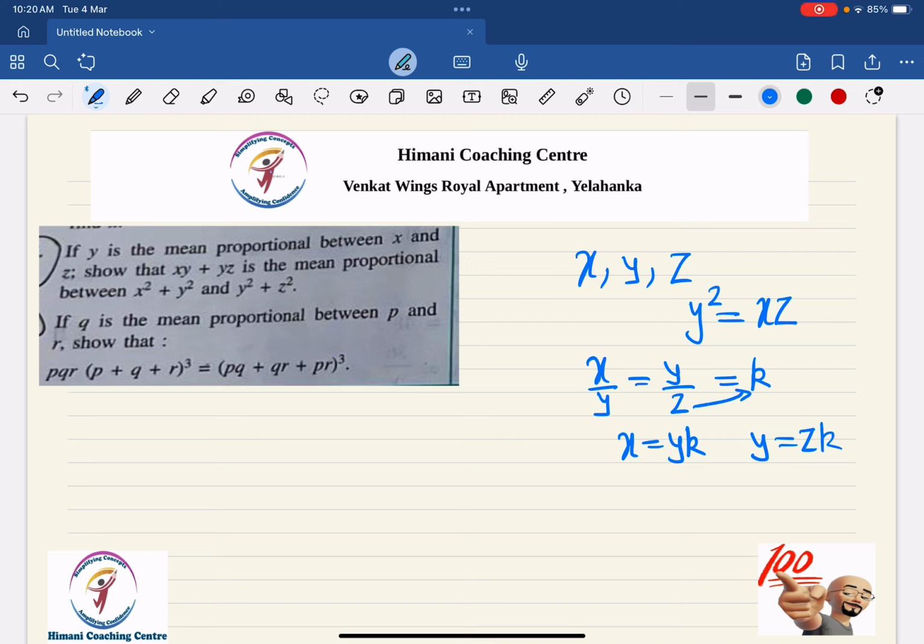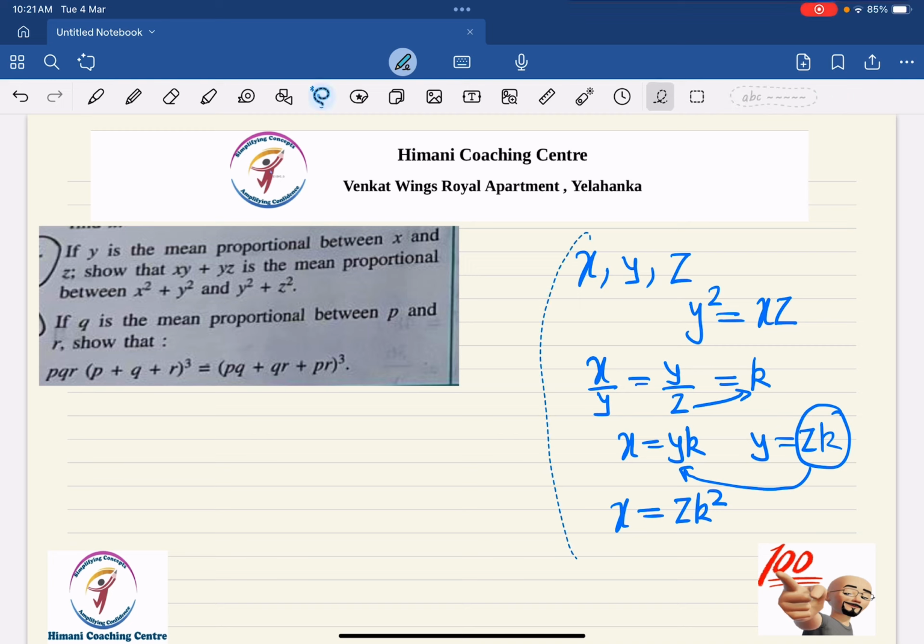I am just cross multiplying, and if I put this value of y here, then I can write x as zk into k or simply zk square. So we are going to utilize both these properties while solving these questions.